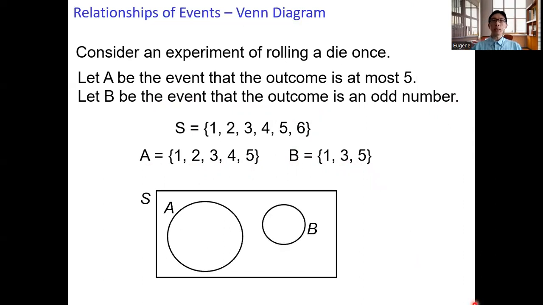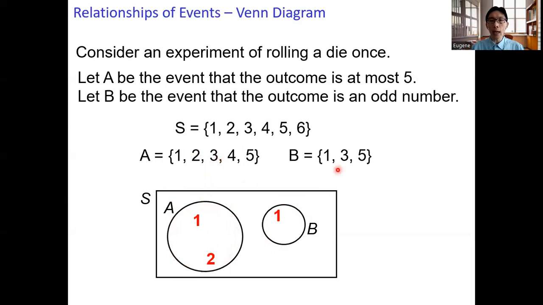The number 1 is both in event A and event B. So this number 1 should appear in circle A and in circle B. And then the number 2 only appears in event A, so the number 2 is in circle A only.